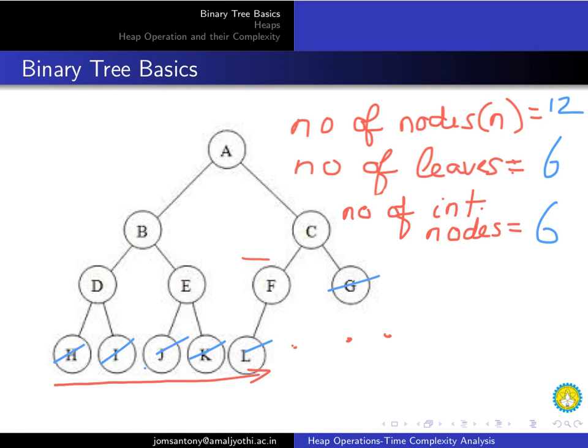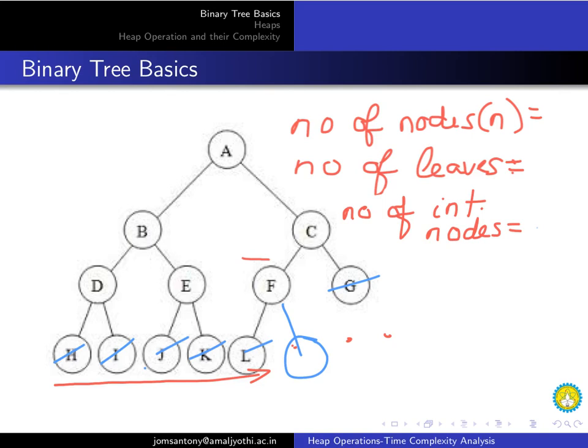Let's now add a few nodes and check whether this is holding. So if I am adding one more node to this tree like this, and now let's look at the values.